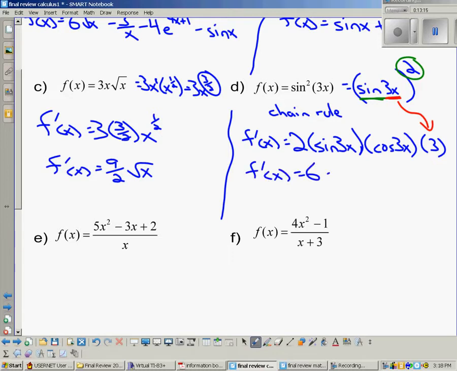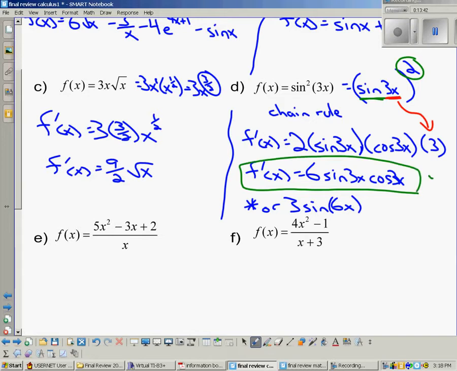So 6 sine 3x cos 3x. Okay, and if you're feeling really ambitious, you could also write this as 3 sine of 6x, using your double angle formulas. You really wouldn't have to go that far, but it's kind of a neat property on that one. This would be fine, though.